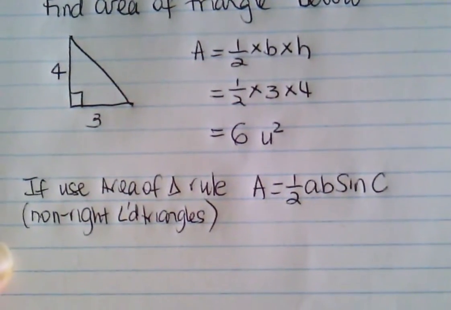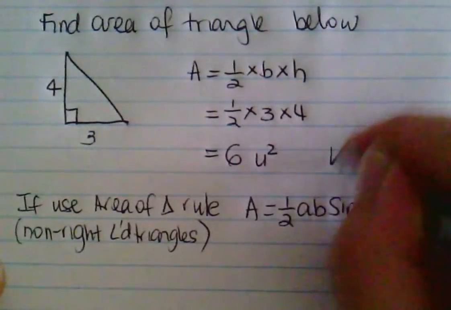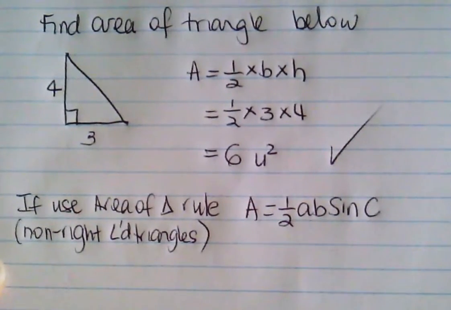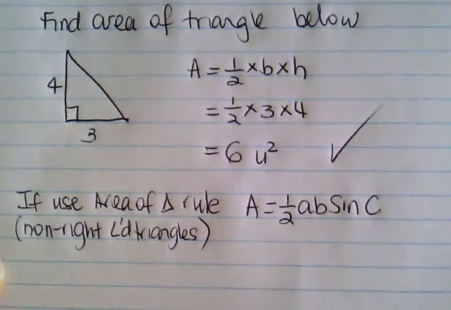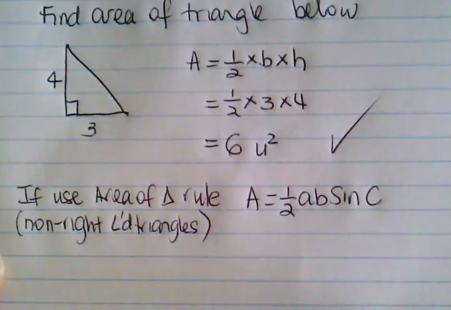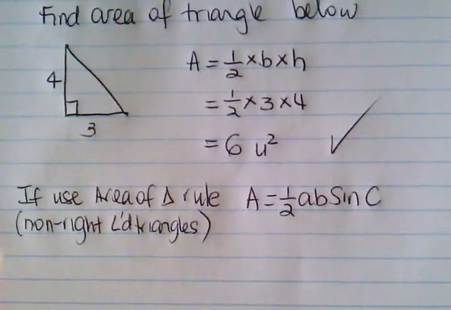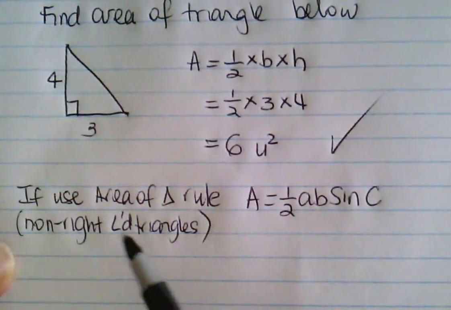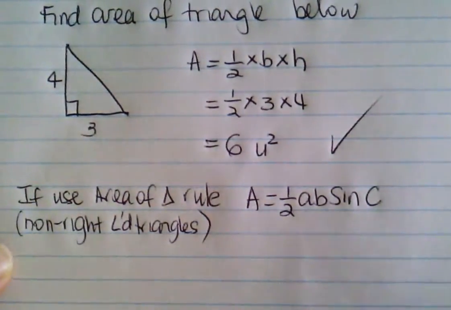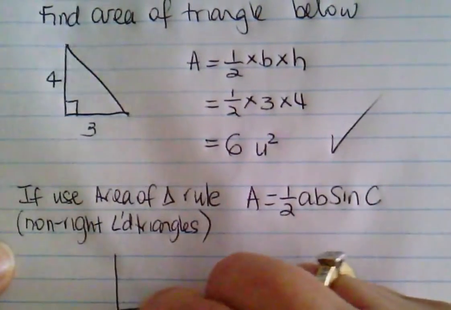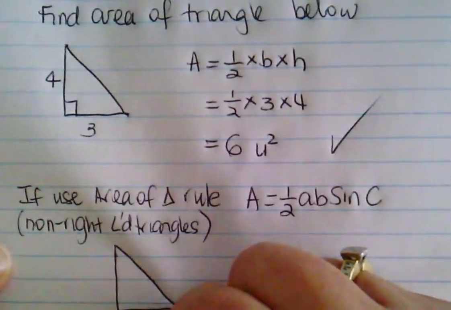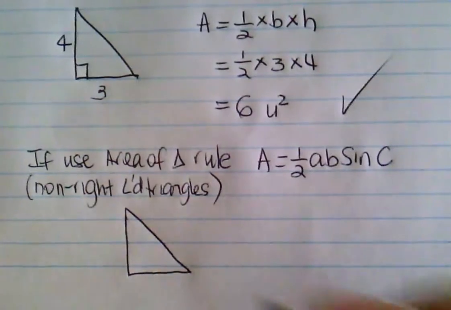So that's how we normally do it. It's a right angle triangle, half times the base times the height, okay? But if I use the new rule that I've learnt, area of a non-right angle triangle is a half ab sine C. Remember, it's two sides and the included angle.